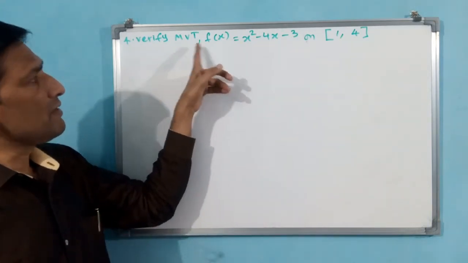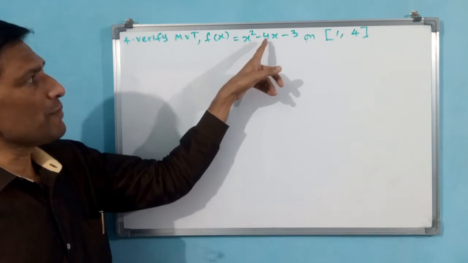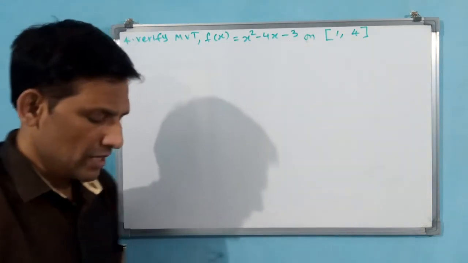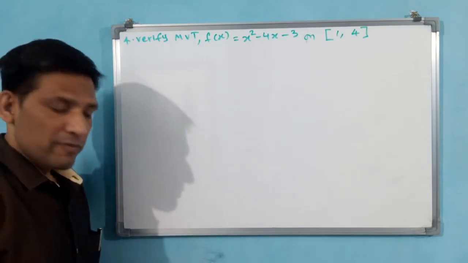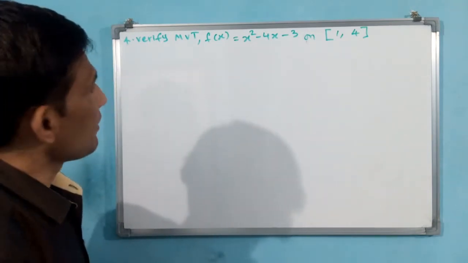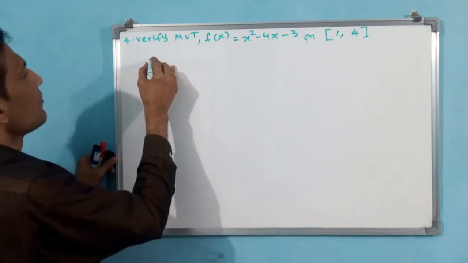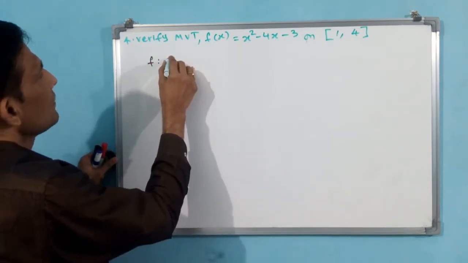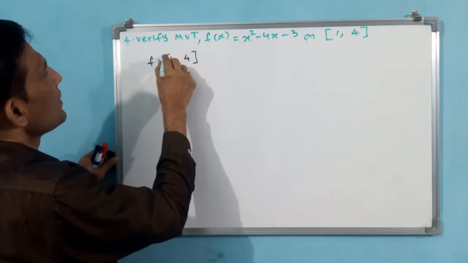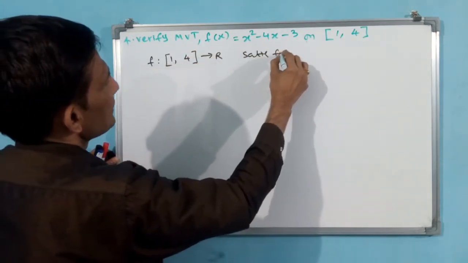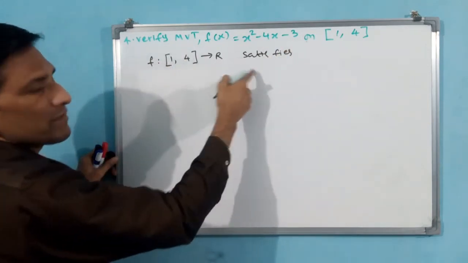Okay. Verify the mean value theorem for f of x is equal to x square minus 4x minus 3 on [1, 4], closed interval. Let us write step by step, one by one, all conditions for the mean value theorem. For the mean value theorem, the first 3 conditions are the same. Write down: f from [1, 4] to R satisfies the mean value theorem.